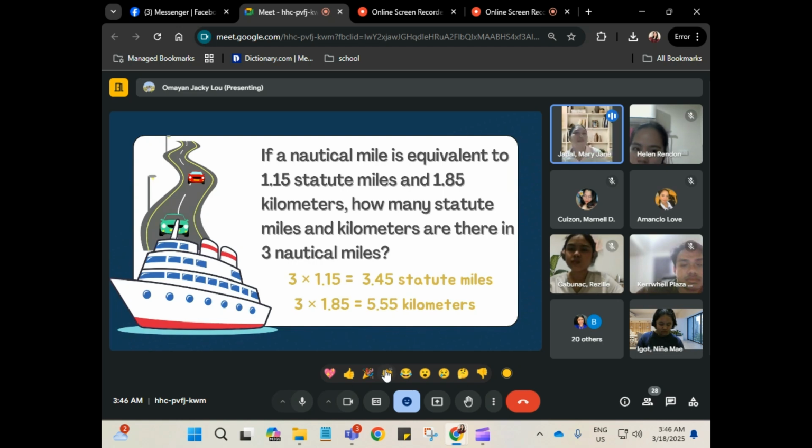So if a nautical mile is equivalent to 1.15 statute miles and 1.85 kilometers, how many statute miles and kilometers are there in 3 nautical miles? So as you can see here, 3 times 1.15 is 3.45 statute miles, while 3 times 1.85, class, is 5.55 kilometers. So next, Jackie.